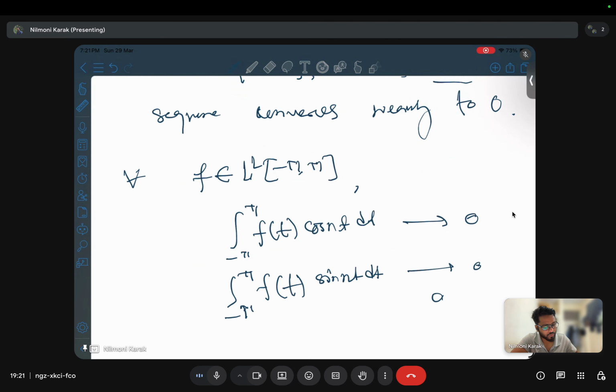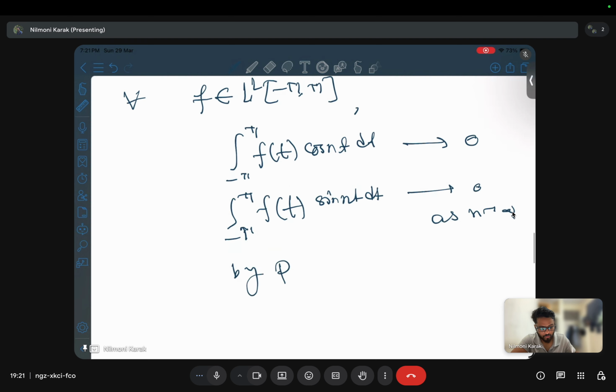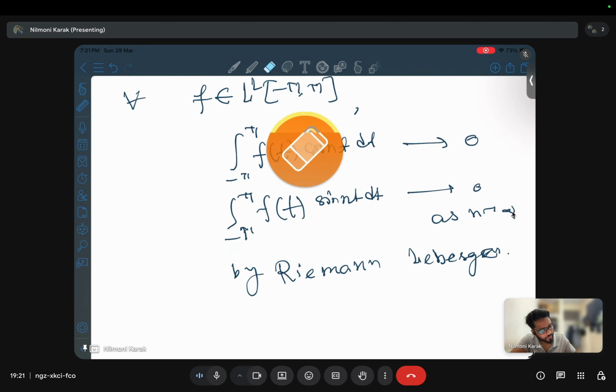This goes to zero, and similarly the integral of f(t) sin nt dt goes to zero as n tends to infinity, by the Riemann-Lebesgue lemma that we studied previously.